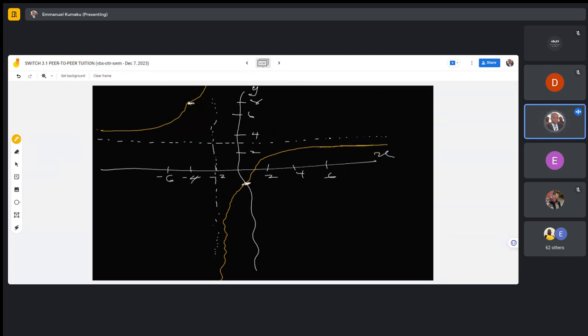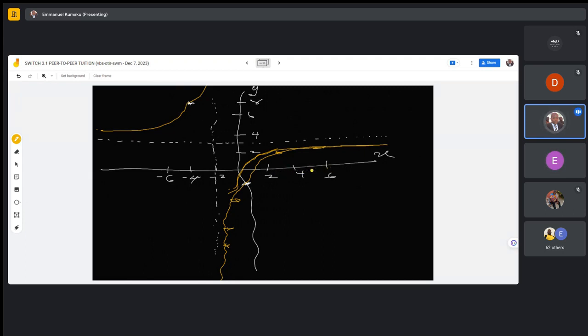If you want to increase the precision of your curve, you can pick more than 2 test points. You can use more than 1 test point so that you get some more dots to draw through. You can pick maybe negative 1, 0, 1, 4.